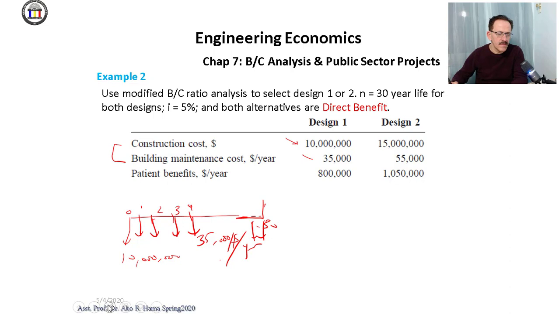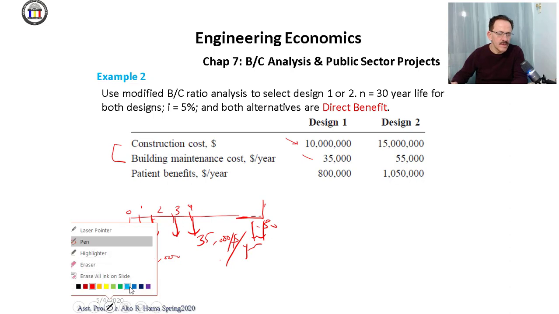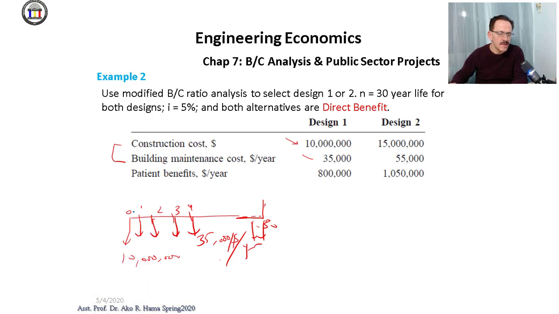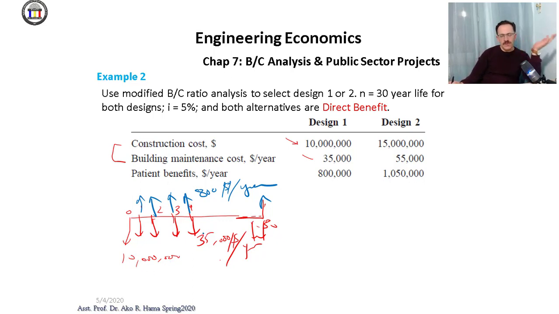In the same years we will get a benefit. The benefit is equal to $800,000 per year.